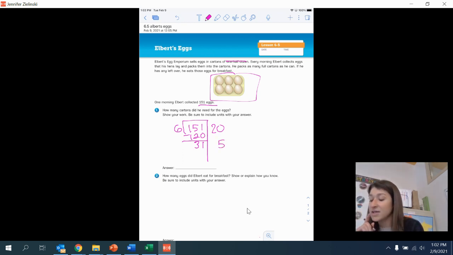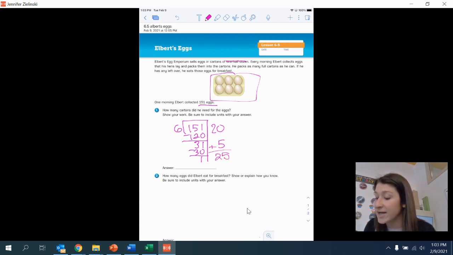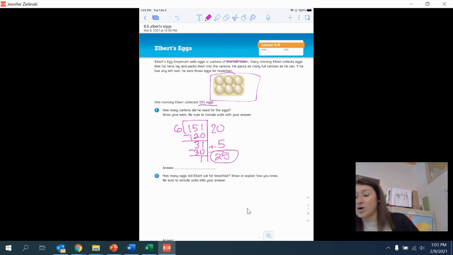So 6 times 5 gets me 30. And when I subtract, I have a number left over, my remainder. So when I add 20 plus 5, I get 25. So I know he's going to need 25 cartons for the eggs.